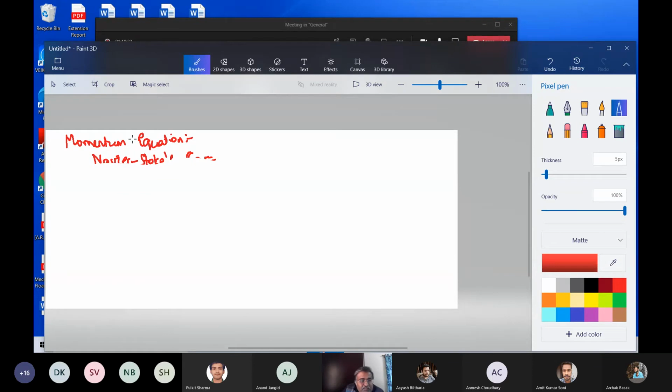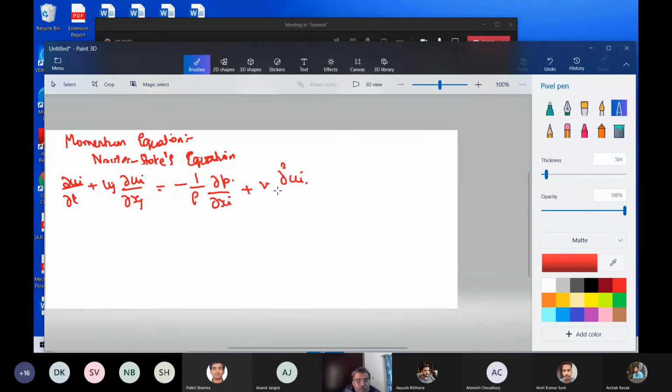So basically, this is the Navier-Stokes equation, and let me write it again. Unsteady term plus uj dou ui by dou xj equals minus 1 by rho dou p by dou xi plus nu dou square ui by dou xj dou xj.